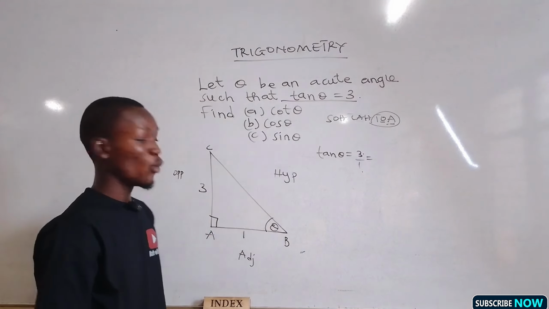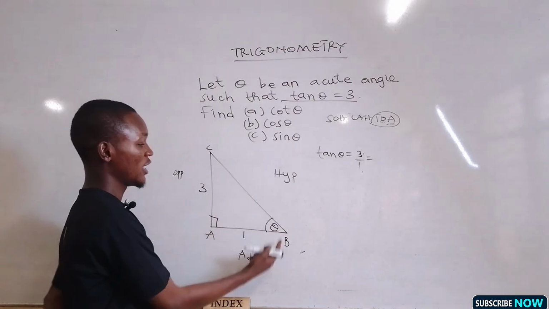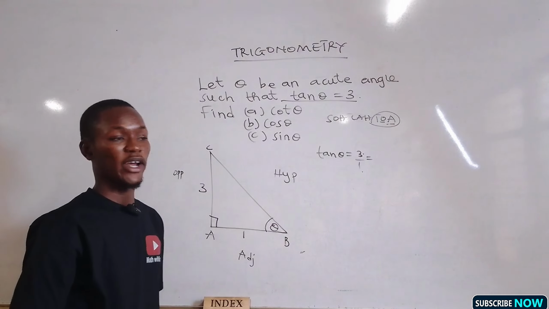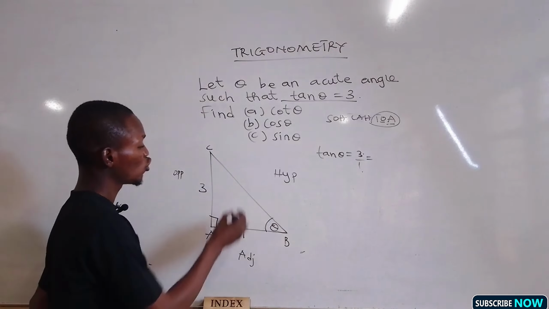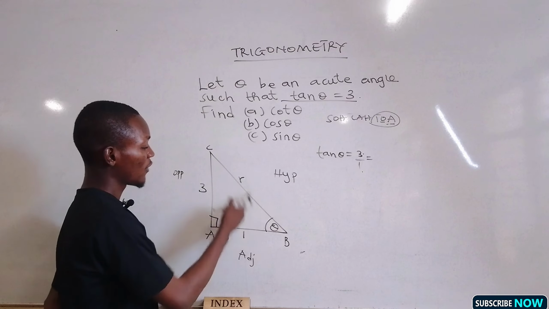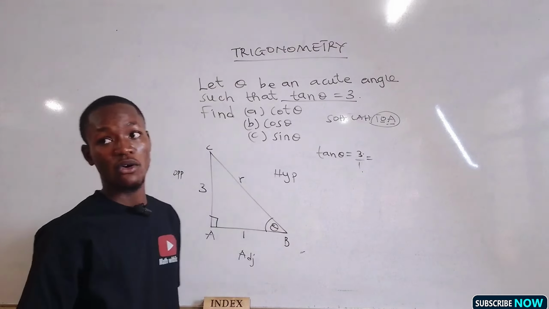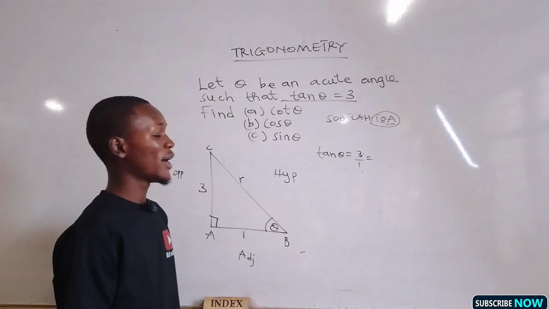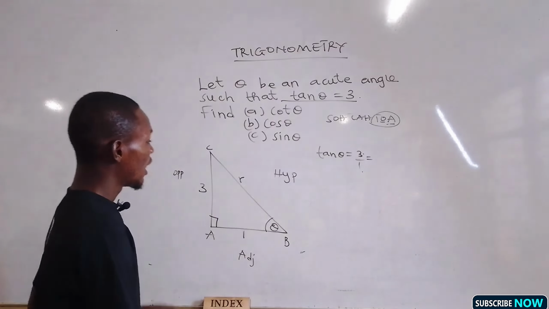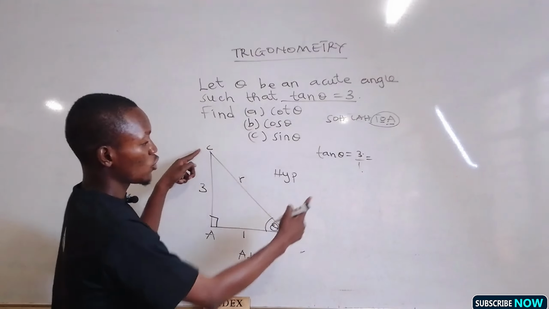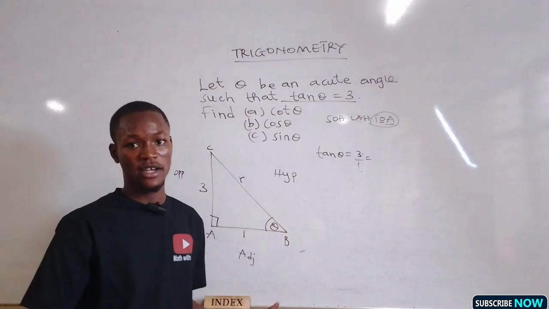What of the hypotenuse? We don't know, but we can find the longest side of the right angle triangle. And how do we find that? Let's assume this side is R. We can find the hypotenuse by using the Pythagoras theorem, which says that the hypotenuse squared is equal to the sum of the squares of the other two sides.